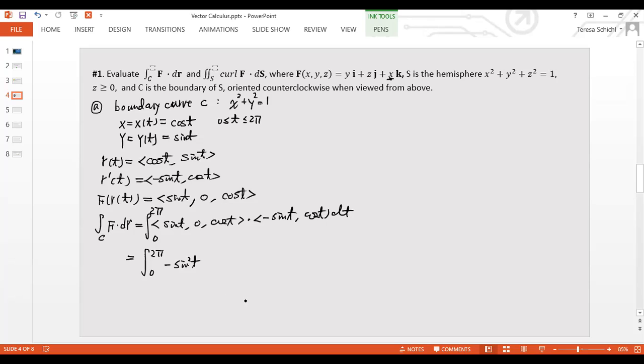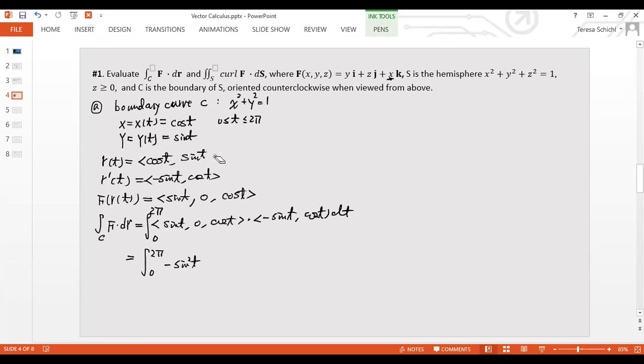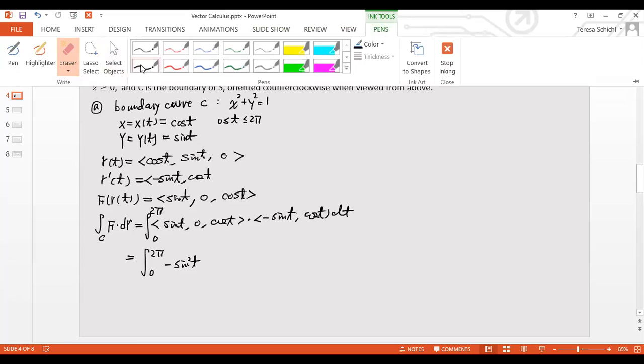I'm missing one value here. The z here will just be 0, because it's on the XY plane.